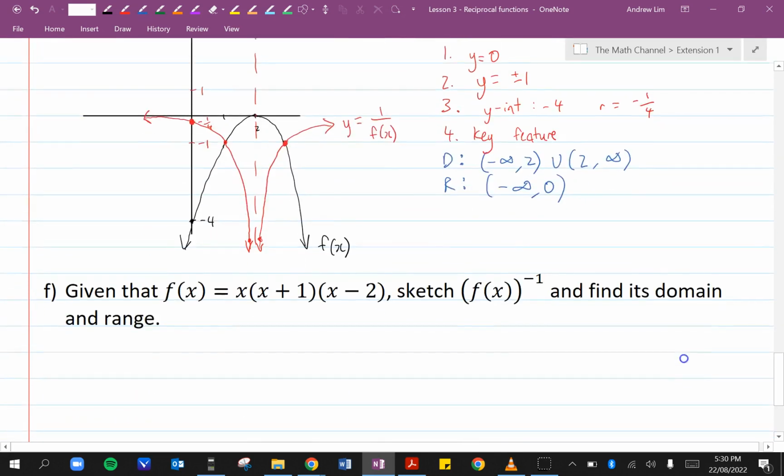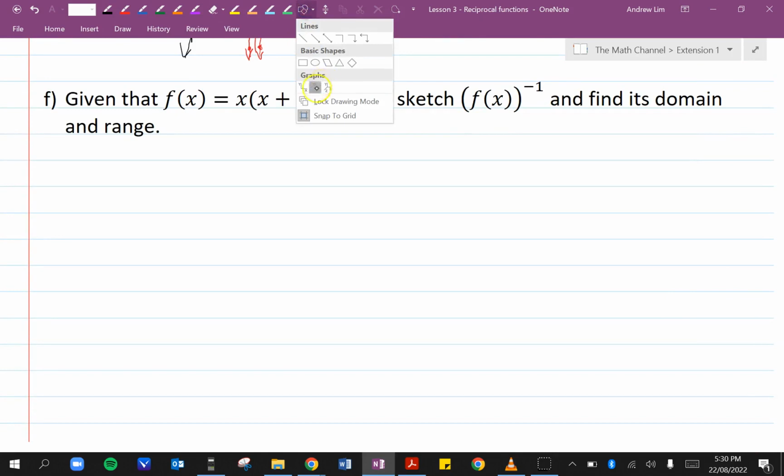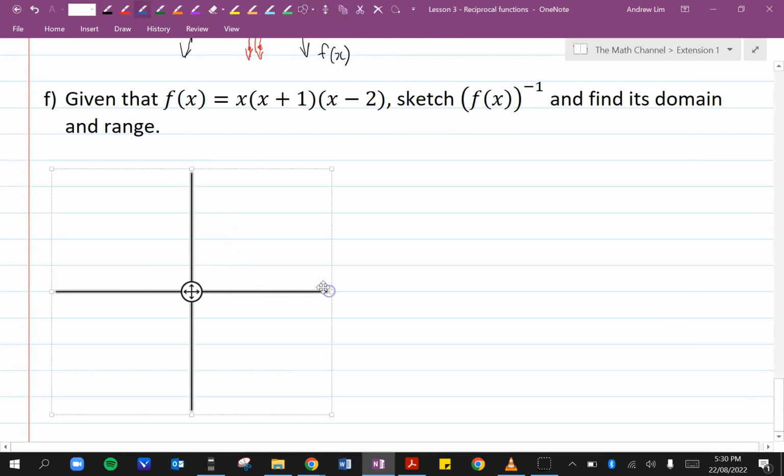Okay, f. Right, let's have a look at f. Here we can see the x-intercepts are when y is equal to 0.